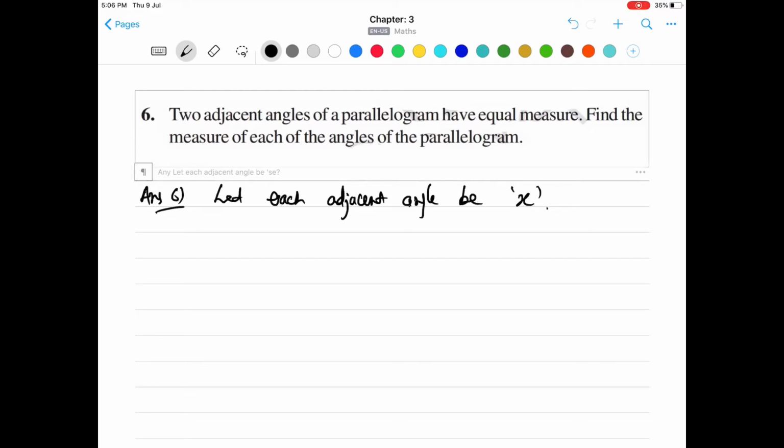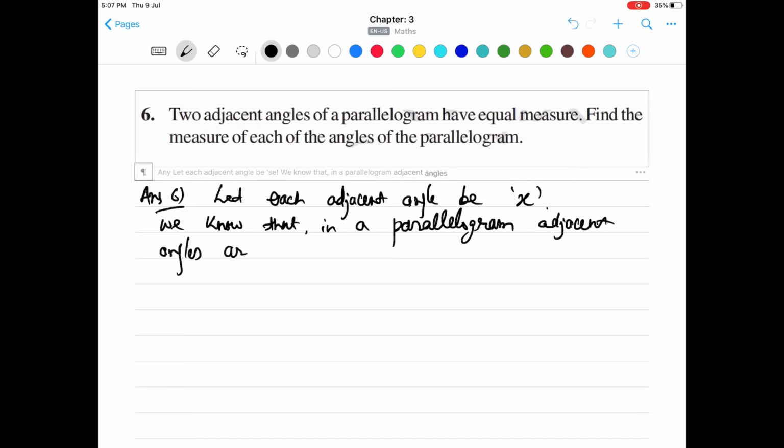Okay, and we know that in a parallelogram adjacent angles are supplementary to each other. Okay, supplementary simply means when you add one angle to the other, you will get the result as 180 degrees. This supplementary simply means their sum will be 180 degrees.